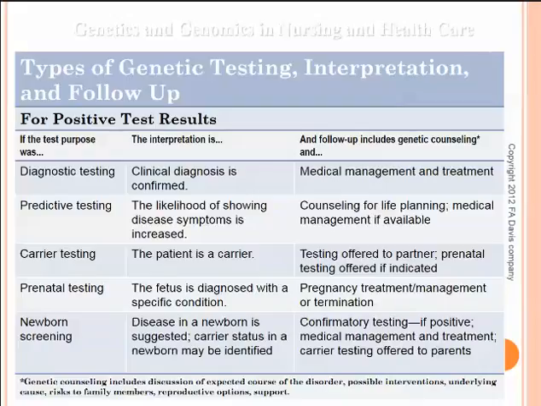So you also need genetic counseling, planning for medical management, etc. Carrier testing will reveal if the patient is a carrier, and testing for a partner or prenatal test might be indicated. For prenatal testing, a specific condition would be identified, and then the pregnancy treatment and management would be included in the follow-up. For newborn screening, disease in a newborn is suggested, so confirmatory testing would have to take place after that.